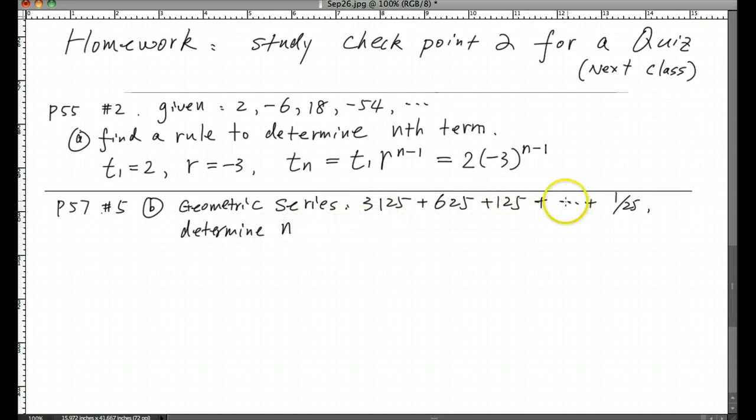Okay, we have the series, and how many terms are there? That's basically what the question is asking for.